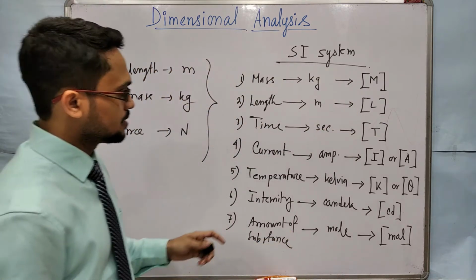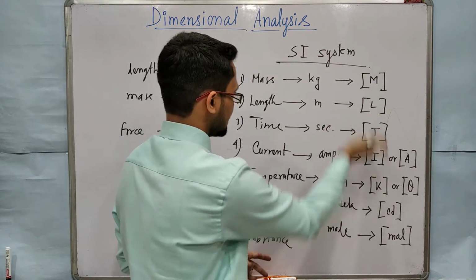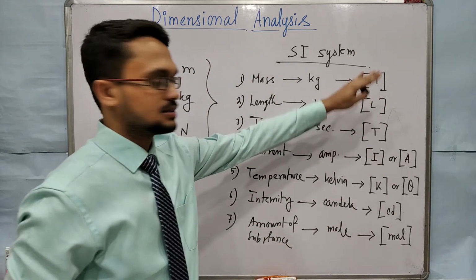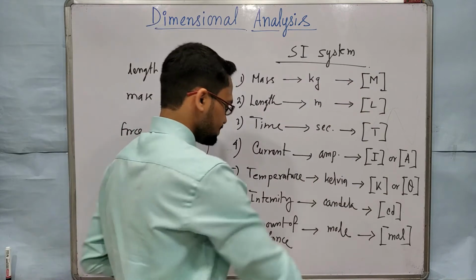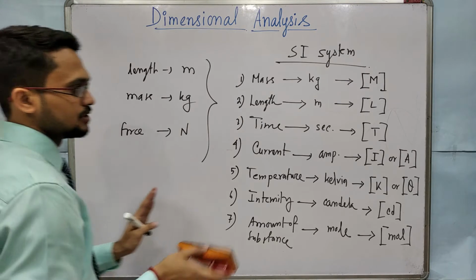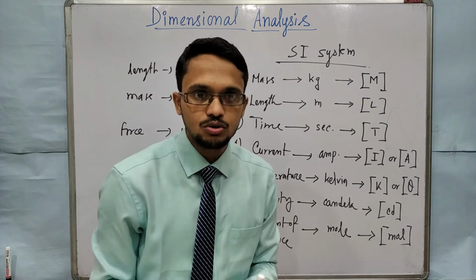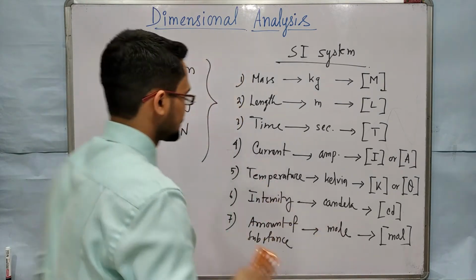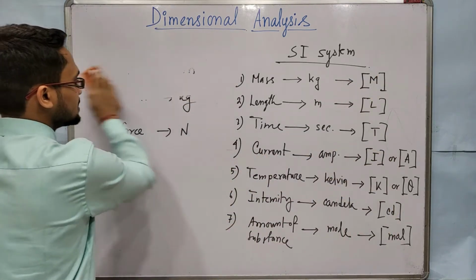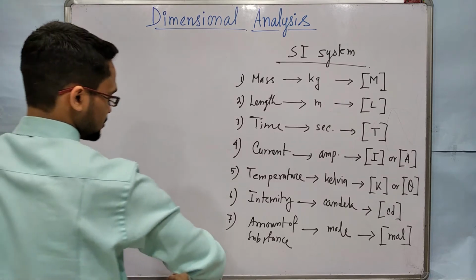But basically we will use these first 5 quantities, up to temperature. These things you will see one by one. Now we will see a few derived quantities and how to derive their dimensions, using the dimensions of the basic physical quantities.